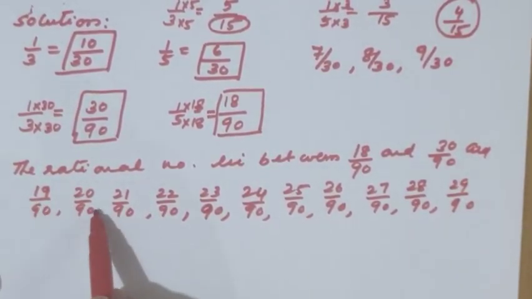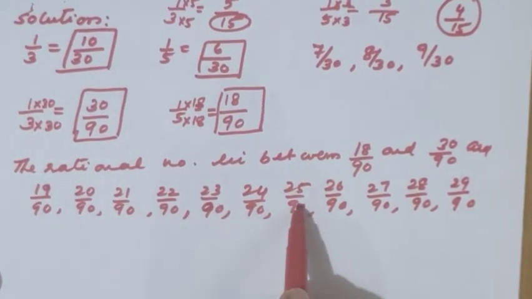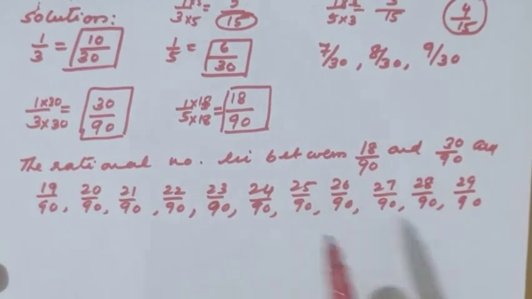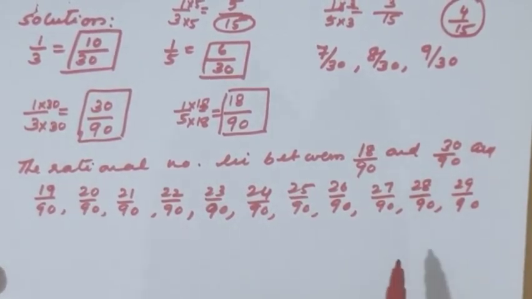So 1, 2, 3, 4, 5, 6, 7, 8, 9, 10, 11 we got, right? Only one you can exclude, and the remaining everything can be written.